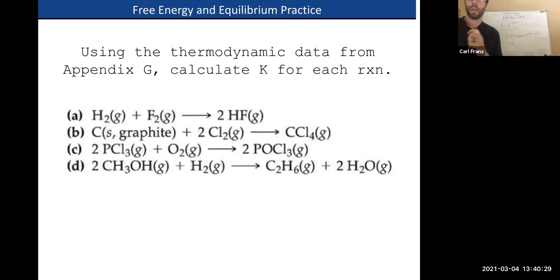You look up the standard change in free energy values for H, F, and HF. You take products, subtract reactants, gives you your delta G, and you set it up from there.